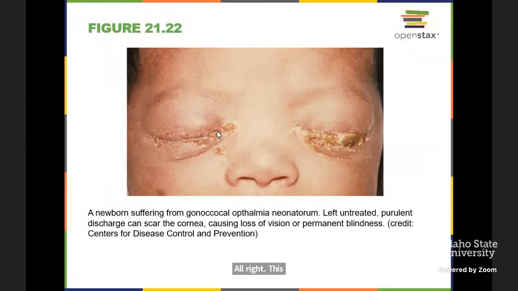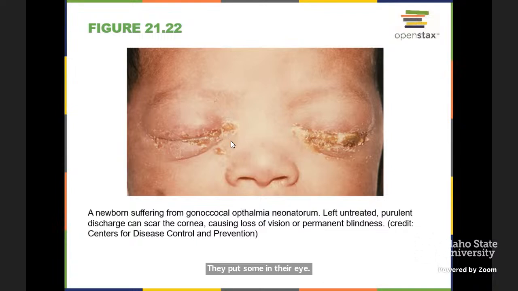This image is a newborn with gonococcal ophthalmia neonatorum. This, along with some others, but this for sure, is one of the main reasons why all of the fresh hatchlings are treated with antibiotics. Right after they come out into this world, they put some in their eye.